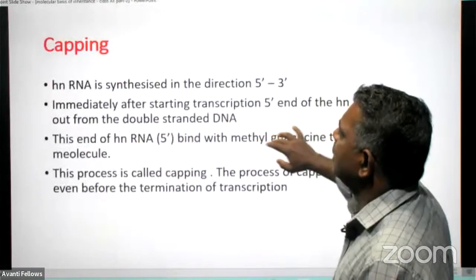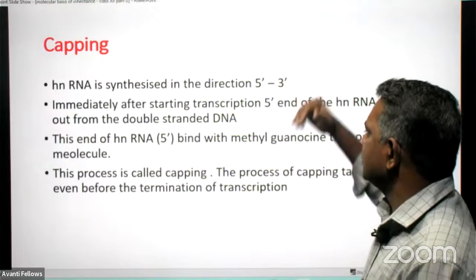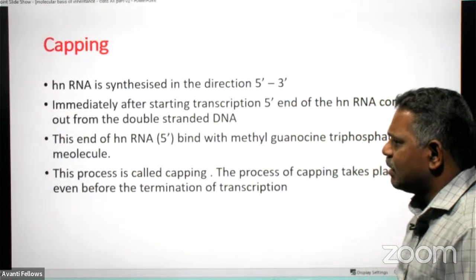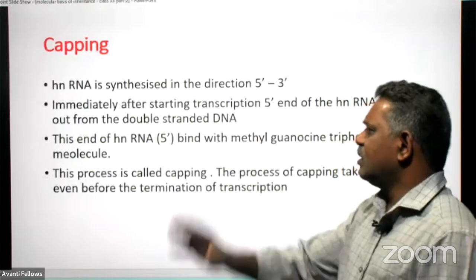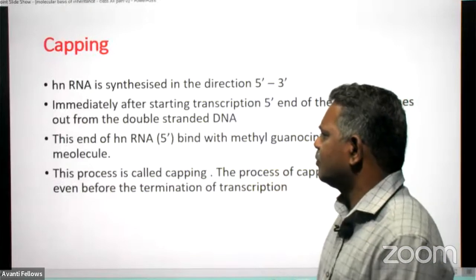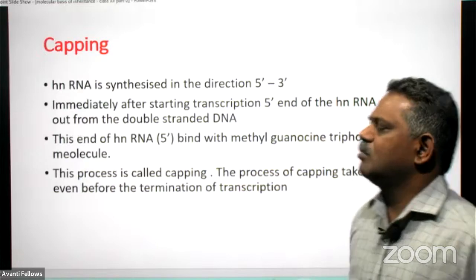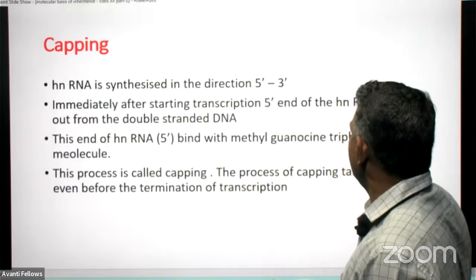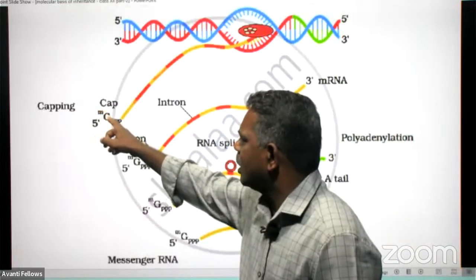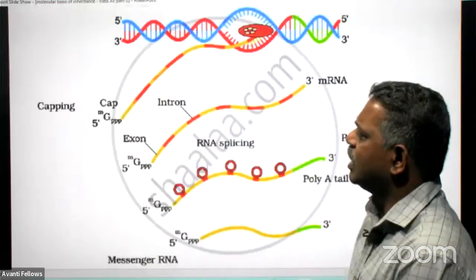Here we can see the capping process. Immediately after starting the transcription, the 5' end of the hnRNA comes out from the double-stranded DNA, and this end binds with the methyl guanosine triphosphate molecule. It is connected to the methyl guanosine triphosphate molecule at the 5' end of the RNA.